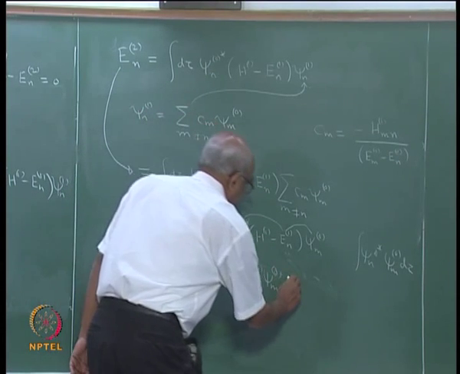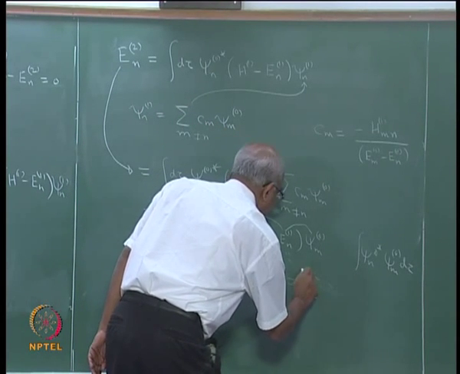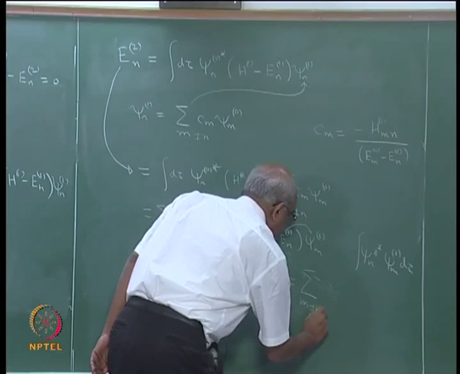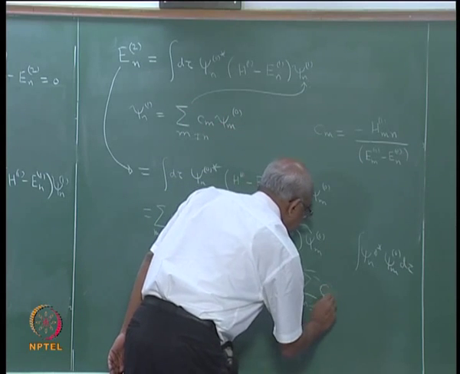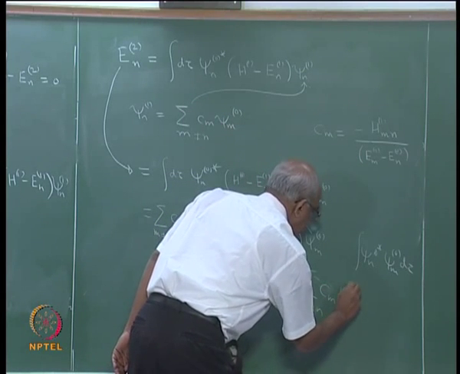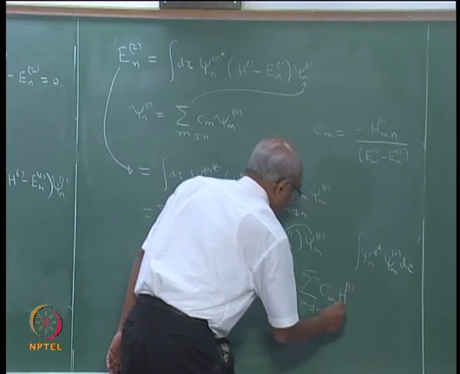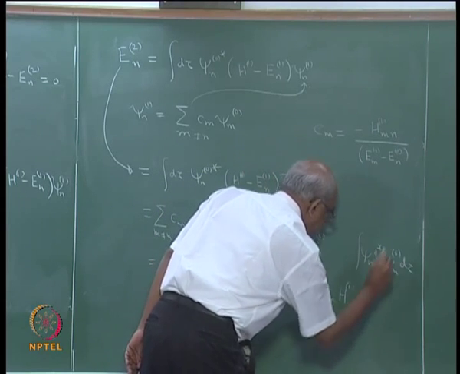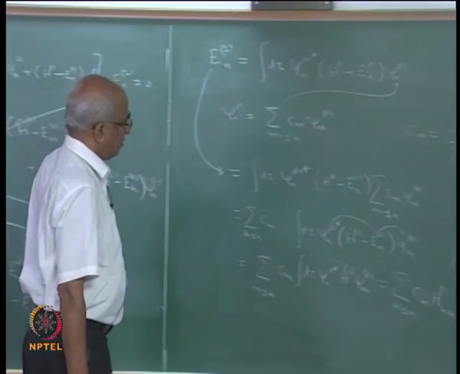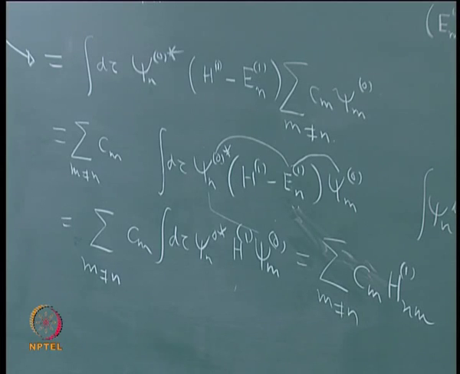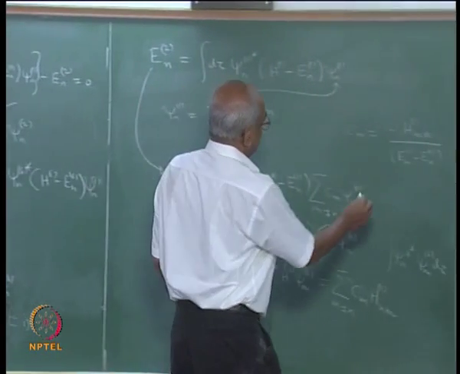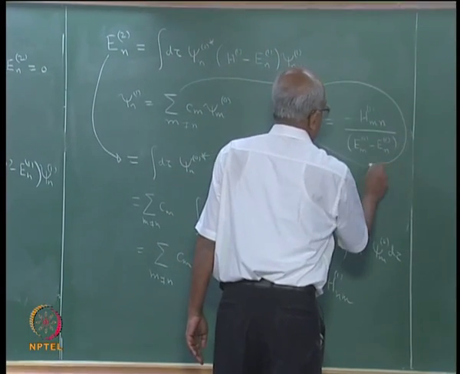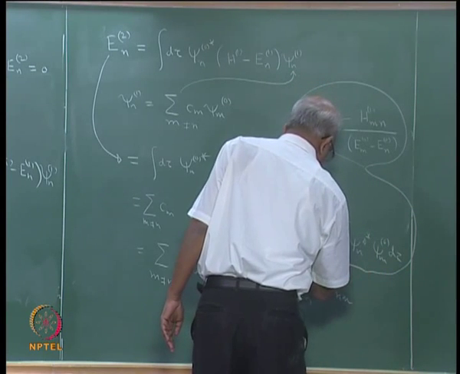So we will simply write this as sigma m not equal to n, Cm, h1 nm. We already know how much Cm is, it is right here, so I can directly take that and put it in here instead of that Cm.